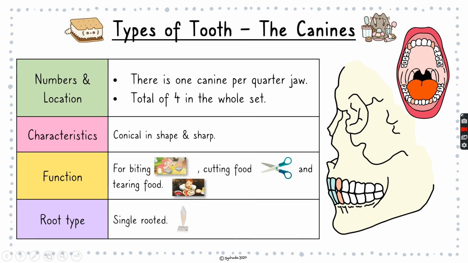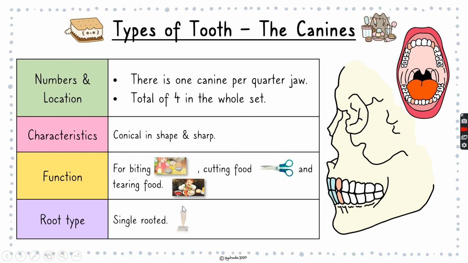And how can you tell? Just remember that the first 4 in the middle are the incisors, and then right after that, you get your canine. The characteristic of the canine is that it's conical in shape. Conical means like a cone, and it is very sharp. It looks like a cone from the top, even the bottom because of the root.